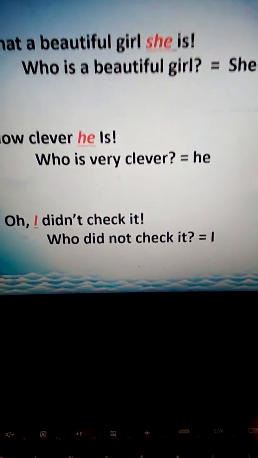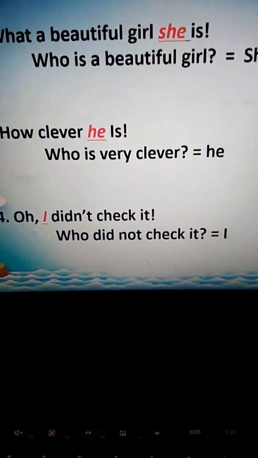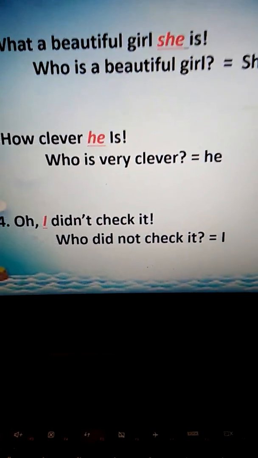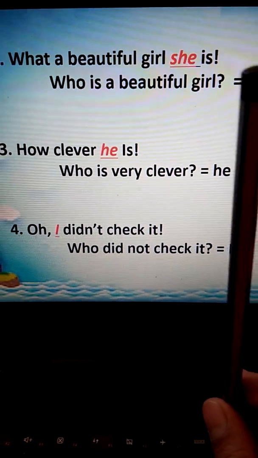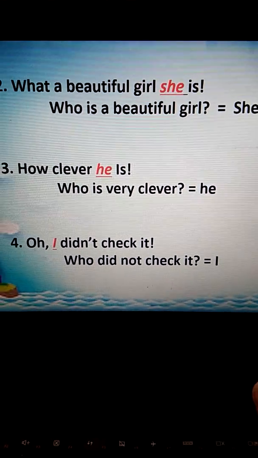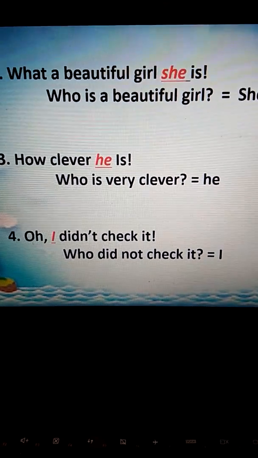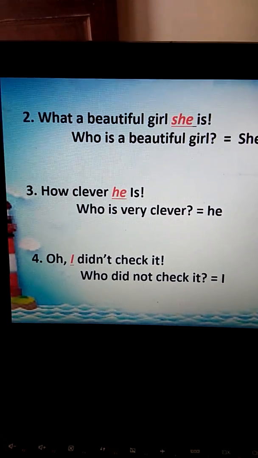Who? This question is answered by the subject. Who is doing? Who is beautiful? Who is clever? Who is going? Who is performing the action? This answer is given by the subject. Clear? And what action the subject is doing, that is the predicate.